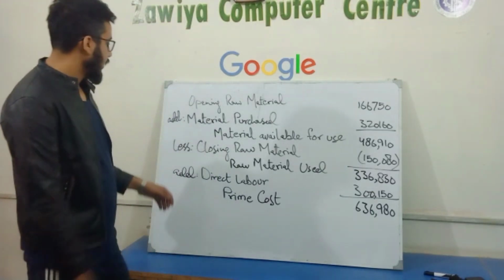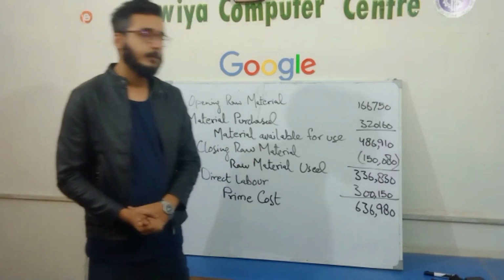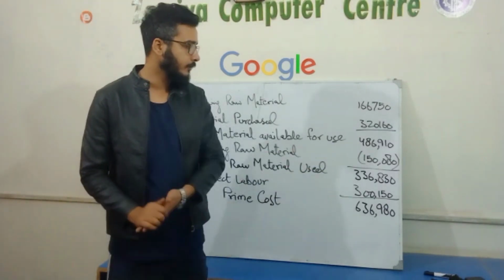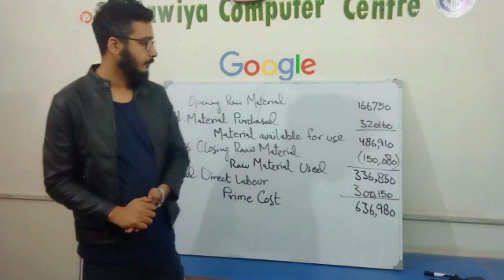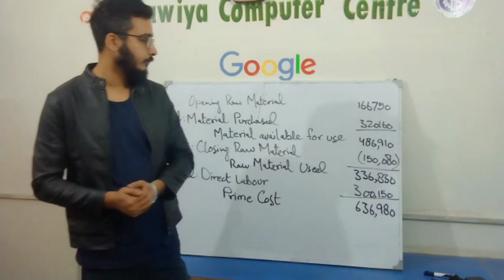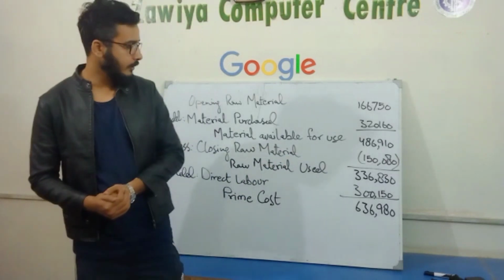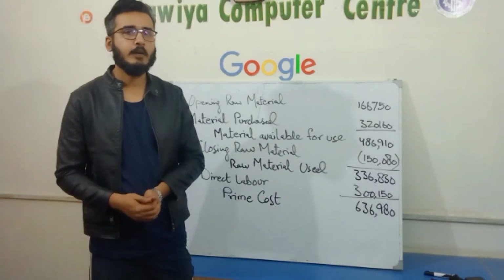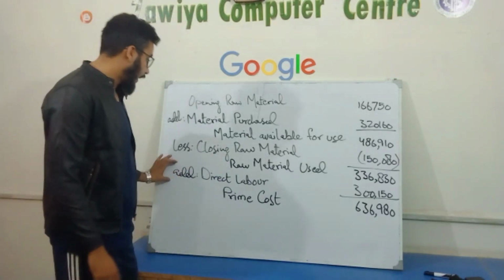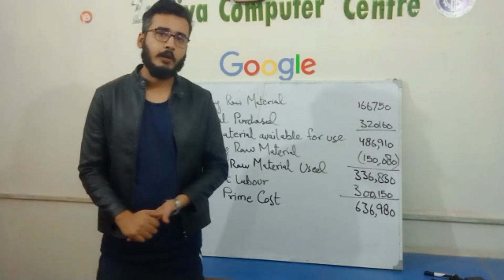Then I will reduce, as we discussed in this specimen, the closing raw material, that is 150,080. In this way, I will get the total cost of raw material used, that is 336,830.